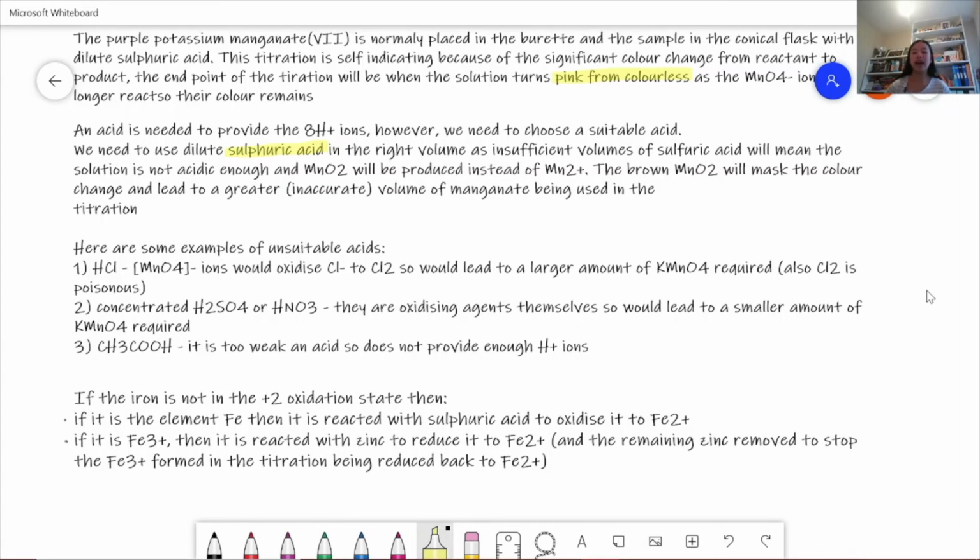And if it is Fe3+, then it is reacted with zinc to reduce it to Fe2+, because we can add an electron to it to form Fe2+, and then we can titrate it. But we need to remember to remove the remaining zinc after all the Fe3+ has reduced into Fe2+, because we need to stop the Fe3+ formed in the reaction being reduced back to the Fe2+ at the end.